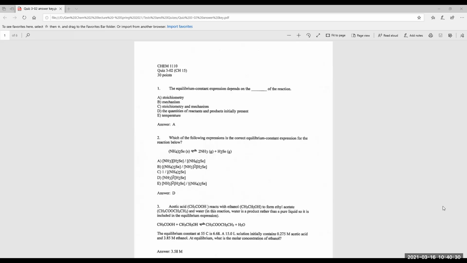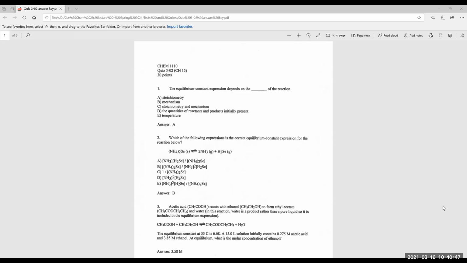And number three, acetic acid reacts with ethanol to form ethyl acetate and water. In this case, as it says here, water is a product rather than a pure liquid, so you needed to include it in the equilibrium expression.